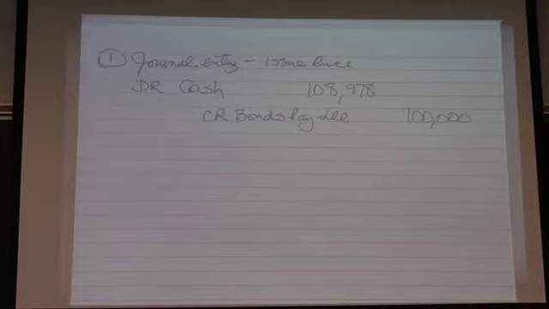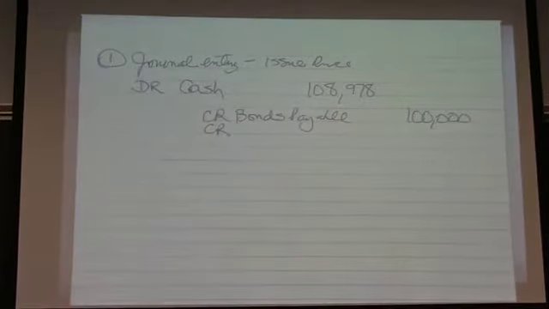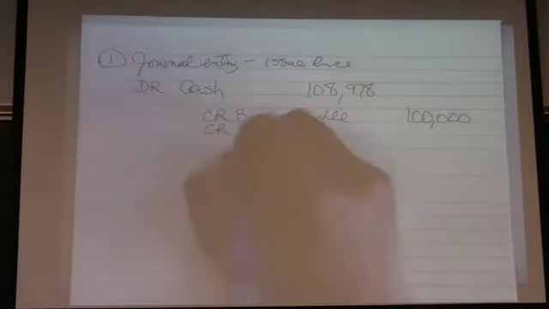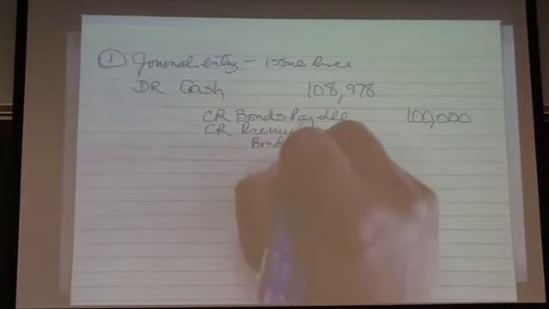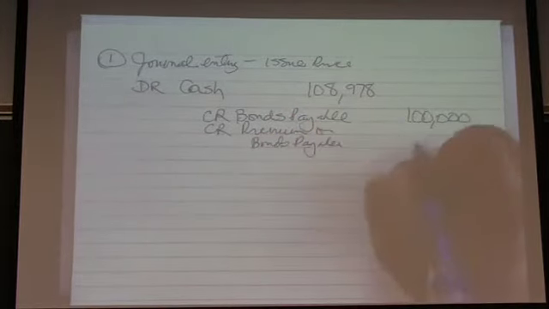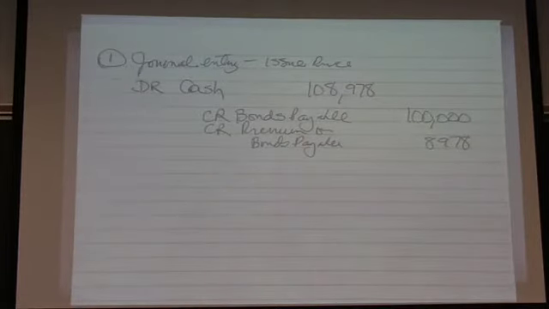So we want to show that liability to be 100,000. And we have another account, called an adjunct account, called premium on bonds payable. So that is the journal entry at the date of issue.